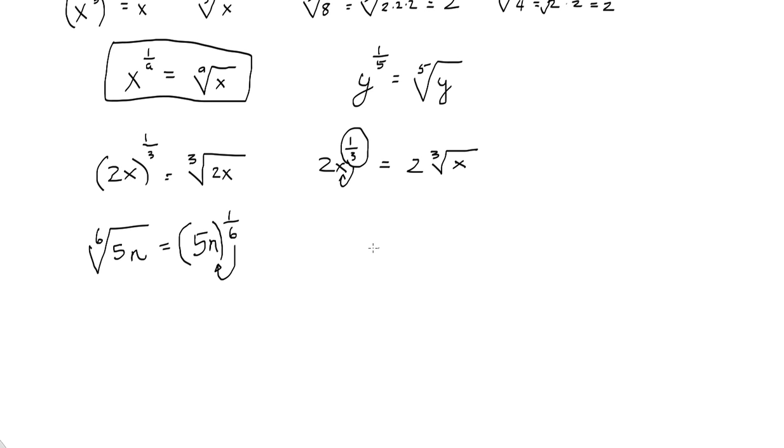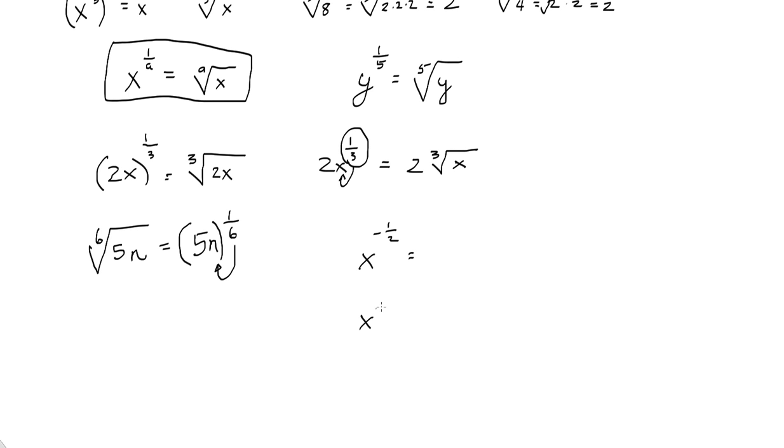Okay? The other thing I want to say about this particular form of a rational exponent is, what if it's negative? What if I say, what is x to the negative 1/2 power? Well, let's talk about what we learned about negative exponents.